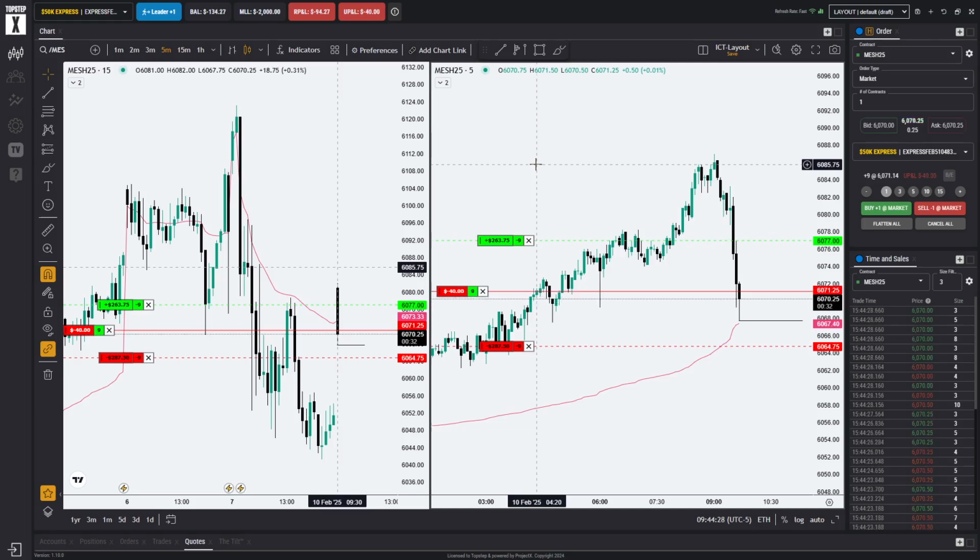Okay, 44 means it's the 15-minute candle low. Come on.